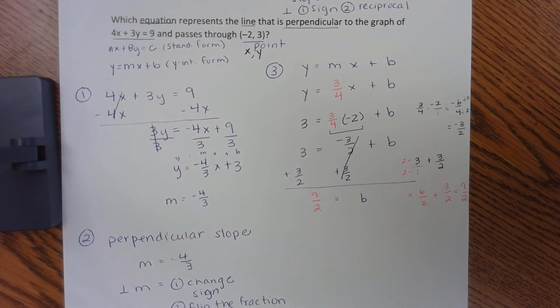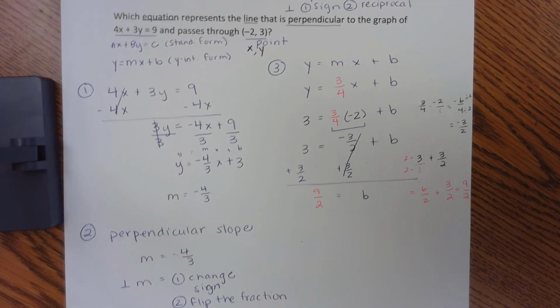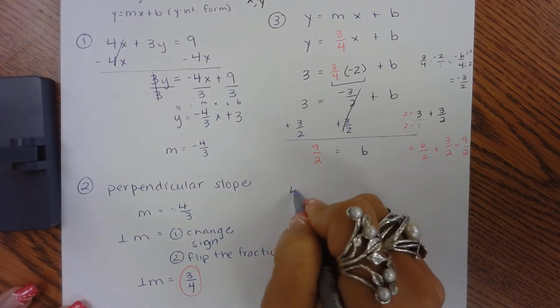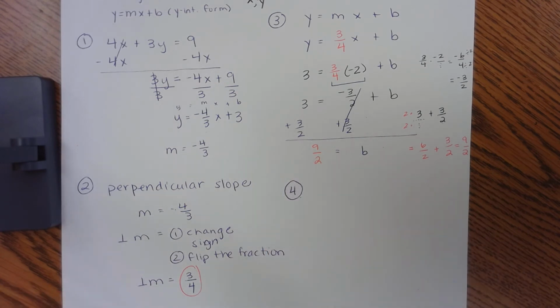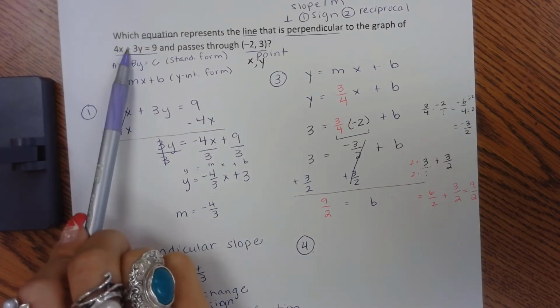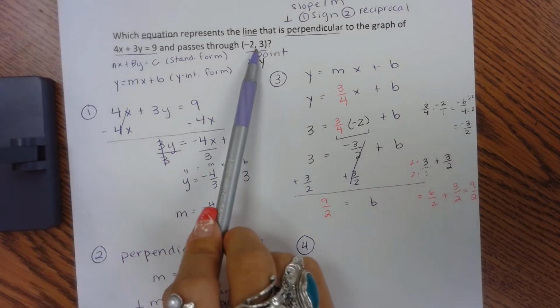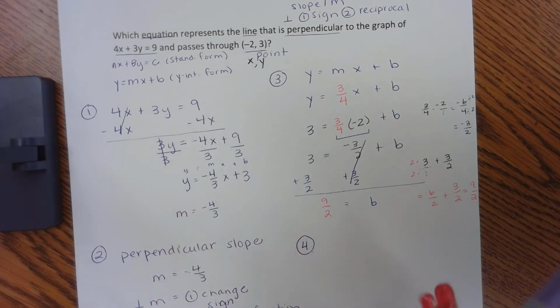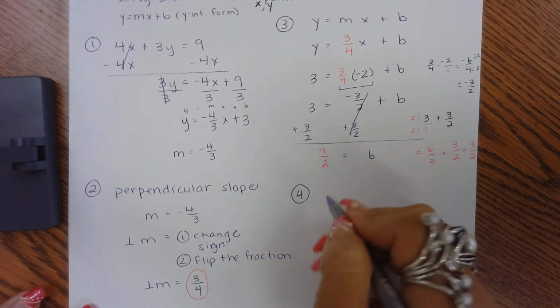So step 4, and we're almost done, would be to write your new line, the line that is perpendicular to this, the line that goes through these 2 points. So we're going to fill it in.